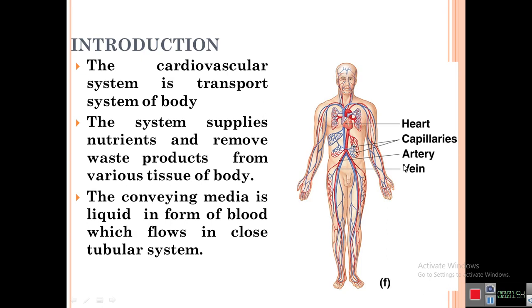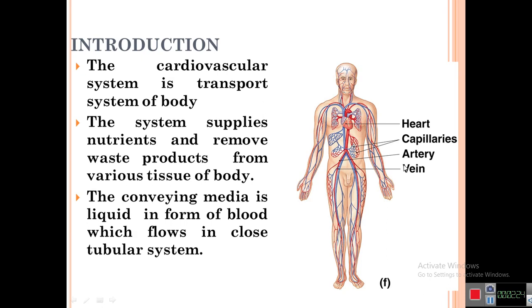That means the medium which transports nutrients, gases and minerals in our body is blood, flowing in a closed tubular system. Closed means the blood is confined to flowing in closed blood vessels. That's why we call it a closed human circulatory system.